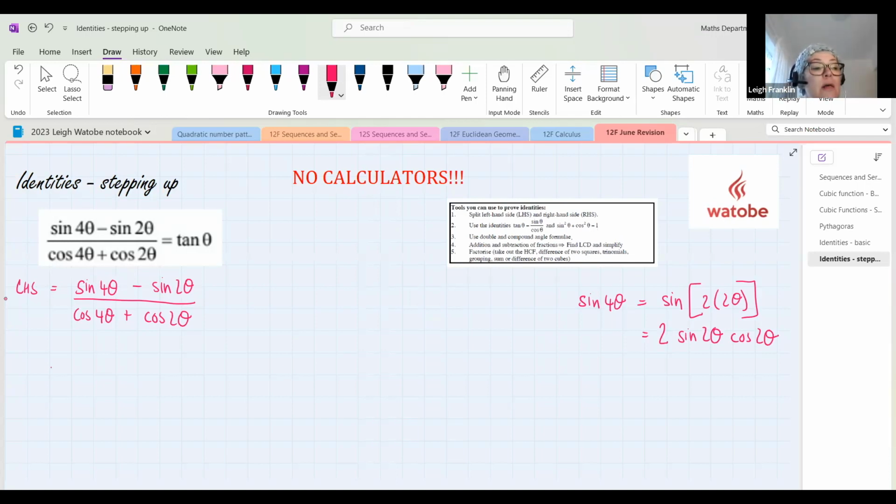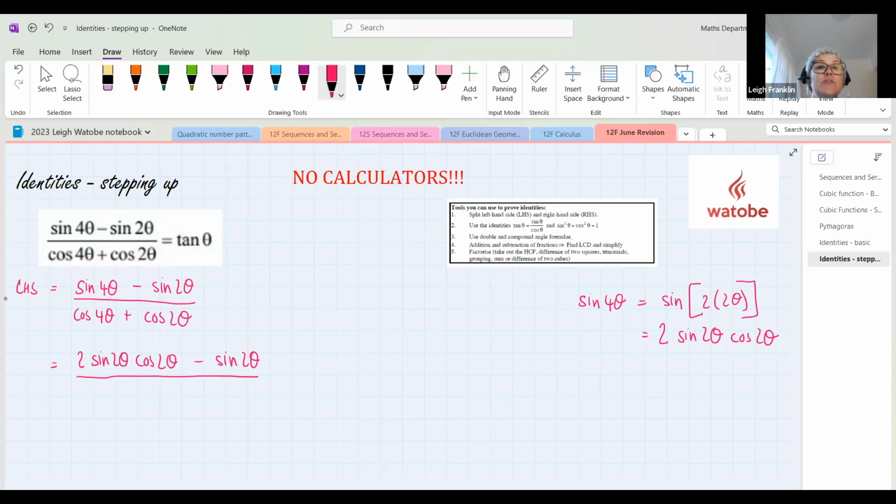All right, so that's where 2 sine 2 theta cos 2 theta minus sine 2 theta comes from in the numerator.